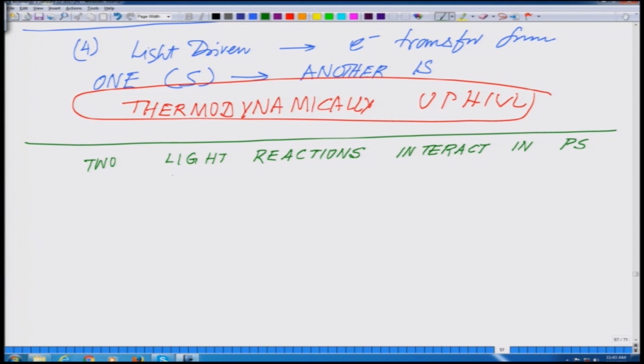Remember, we talked about photosystem 1 and photosystem 2. So, how this was being figured out is something like this.